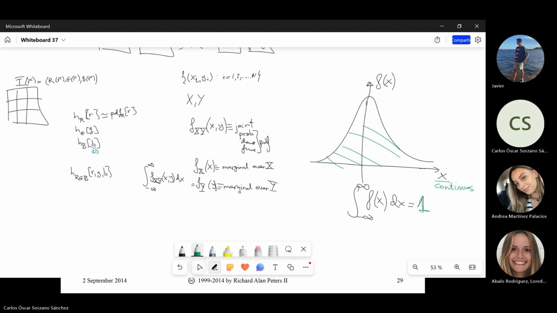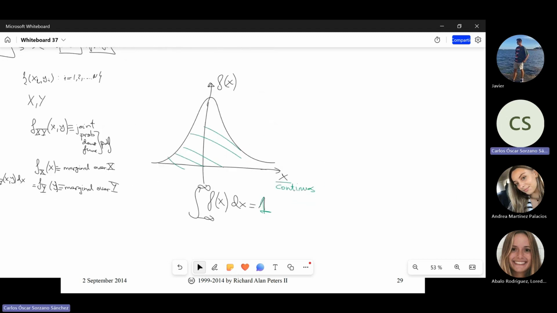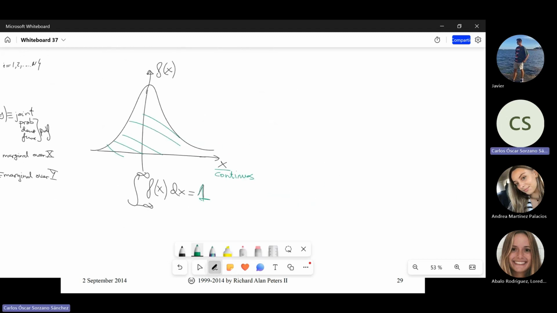What if my variable is not continuous? So I have a discrete variable. Now I have a variable G, the gray value, which in our context goes from 0 to 255.